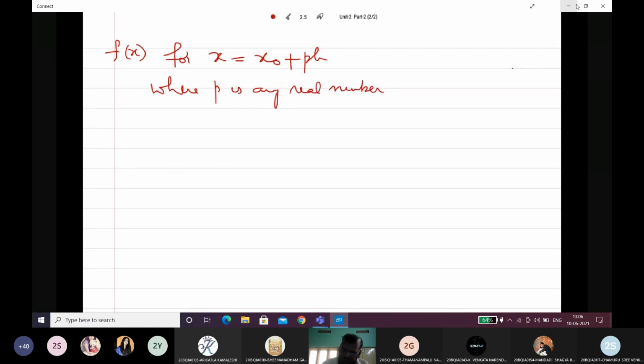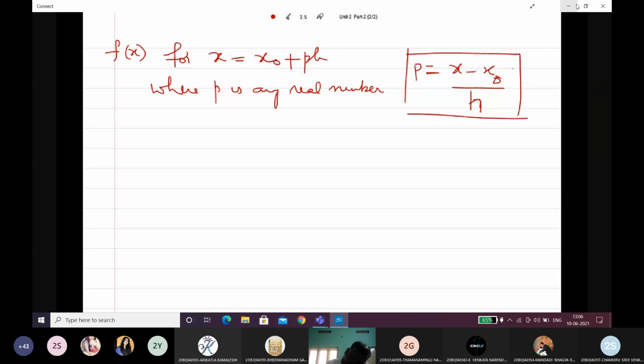Here x is equal to x naught plus ph means p is equal to x minus x naught by h. Right? Write down below.